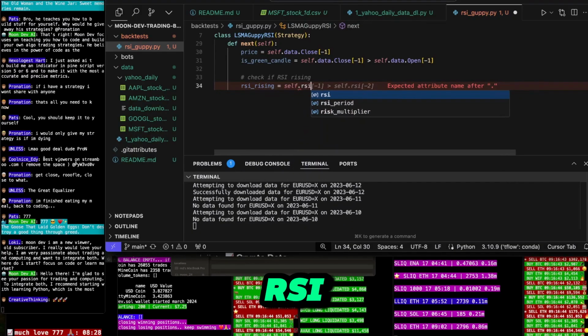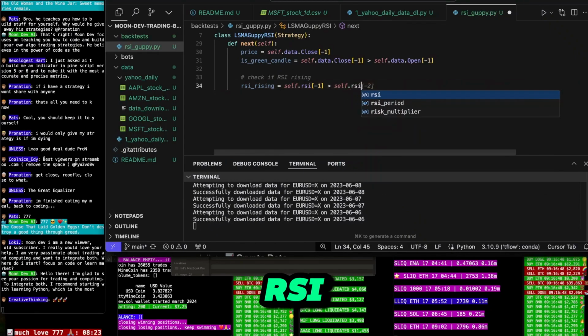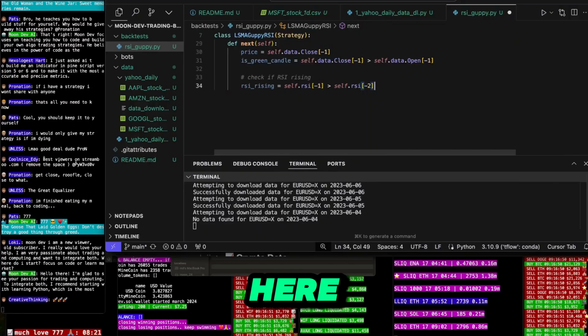So self.rsi minus 1 here, and then self.rsi minus 2 here.